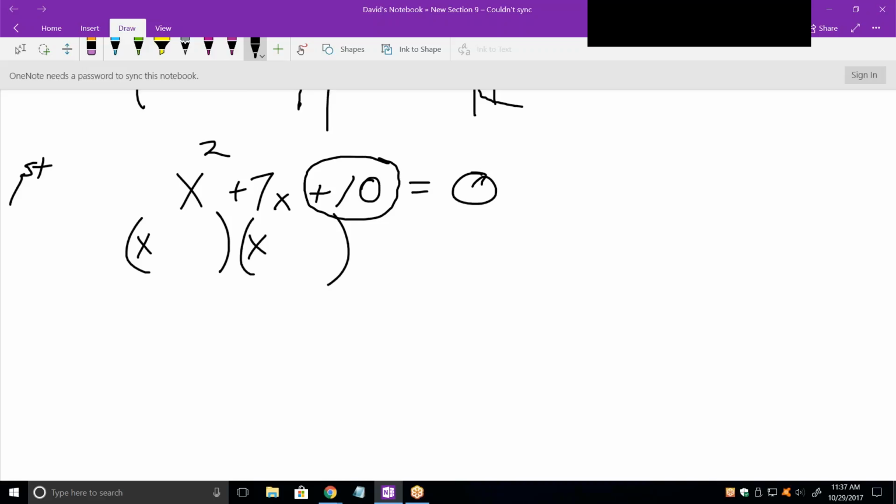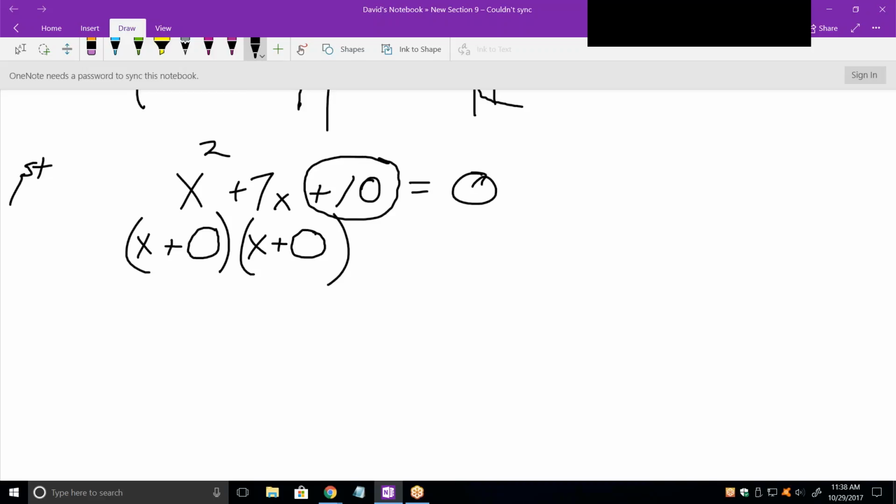Whatever number I write right there and there, those two numbers have to multiply to plus 10. The only way you can get a plus is if both signs are negative or both signs are positive. If one is positive and the other is negative, then that has to be a negative. In this case, they're both positive.